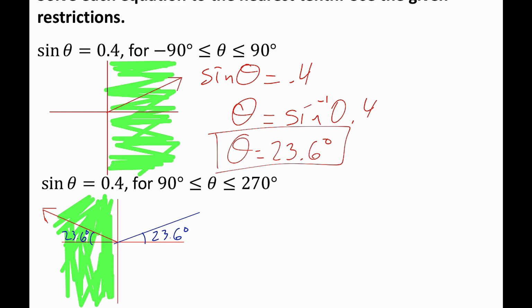We're looking for the standard position angle, from this positive x-axis over here, how big is that angle? If I were to go a little bit further, that'd be 180 degrees. But we're not going that far, we're going to go just a little bit less. We're going to say it's 180 degrees minus that reference angle, 23.6 degrees, and that's going to give us 156.4 degrees.